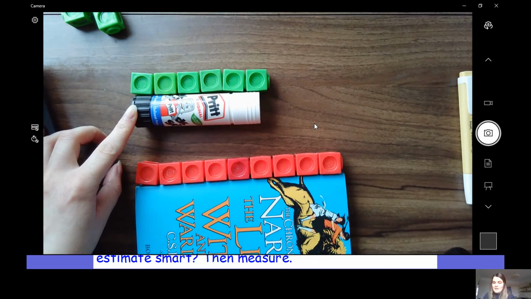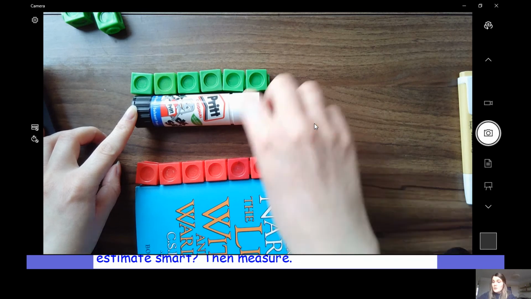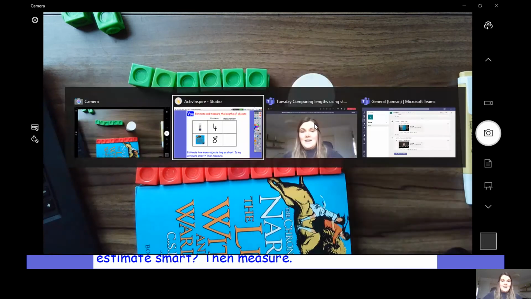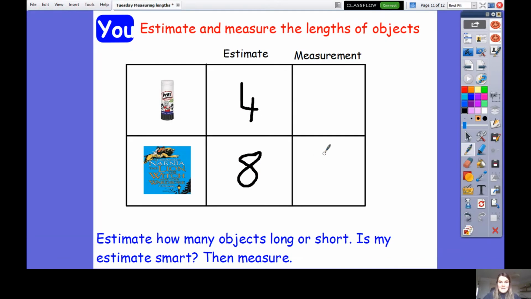Absolutely. Well done. It was only one more, which was 9. So the actual measurements was 6 and 9. I'm going to write those in. We had 6 and 9. So well done with your estimates. Did some of you get that right?